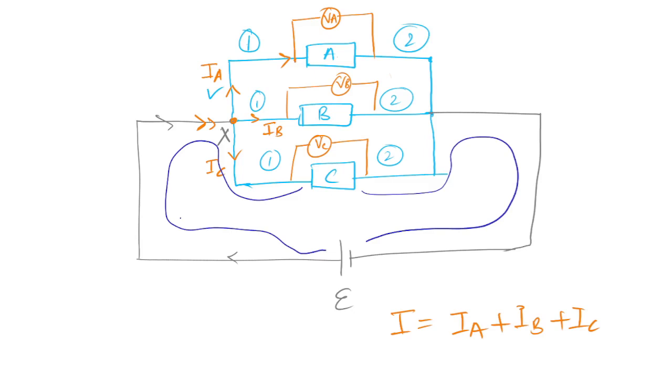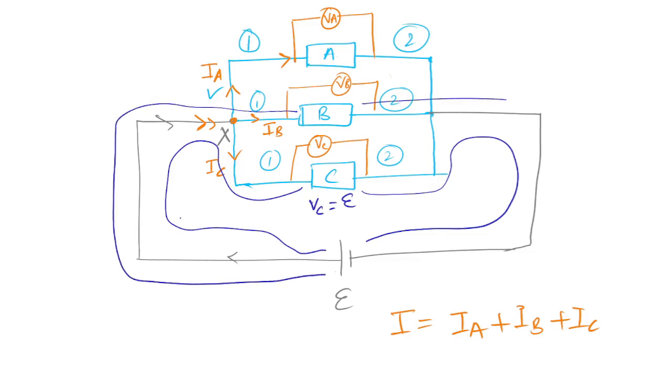So VC should be equal to epsilon. And if I see resistor B, resistor B is also directly connected with the power supply. So why should it get a different voltage? It will get the same voltage as the power supply. So I can write here VB is equal to epsilon.